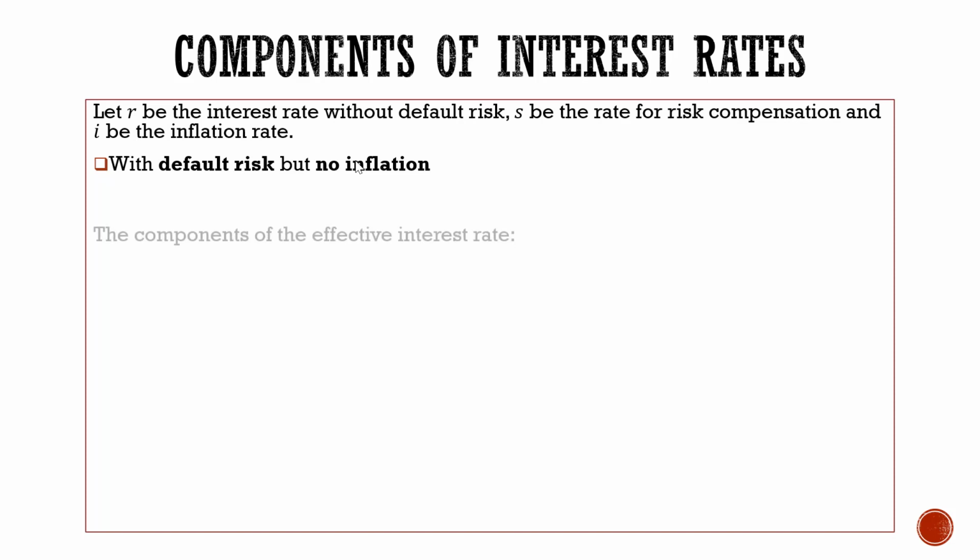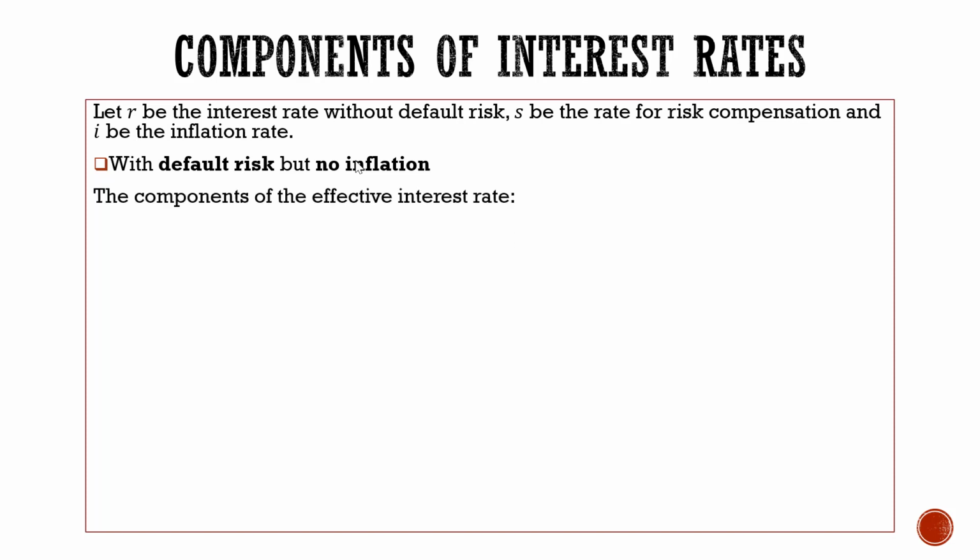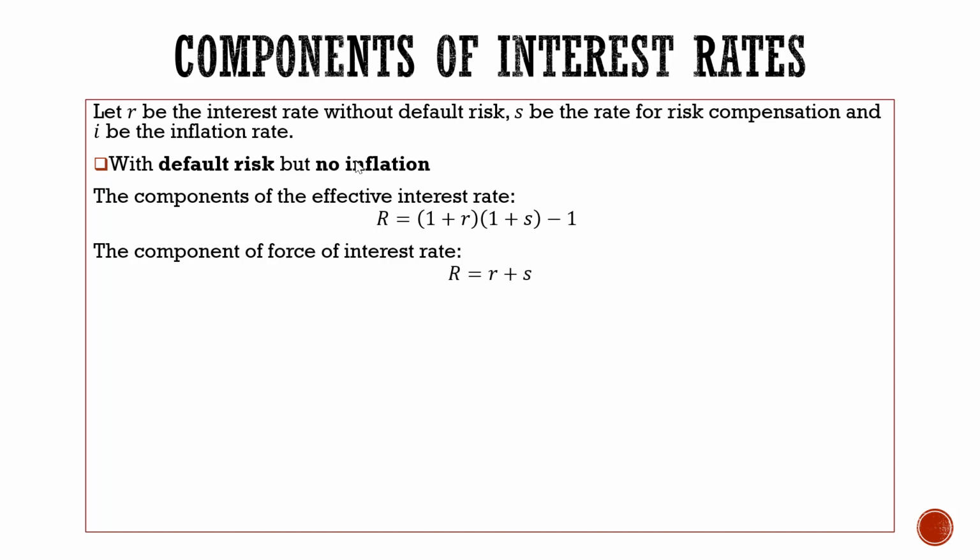So for the effective interest rates, the component is R equal to (1 plus r) times (1 plus s) minus 1. And for interest compounded continuously, the force of interest R is equal to r plus s, if r and s are both the continuous interest rates of default risk and risk compensation.